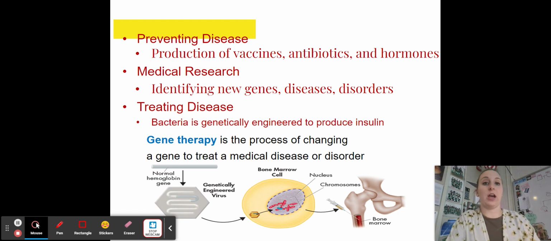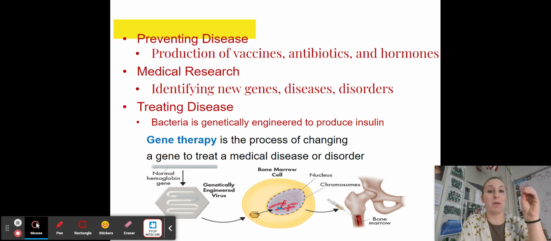It can be used in medical research, identifying new genes that can cause problems, and working backwards to say where certain diseases or disorders come from and where they're going. Genetic engineering can also help treat disease. For example, bacteria can be engineered to make insulin, which is how we make synthetic insulin, insulin that didn't come from a human, to help treat diabetes.